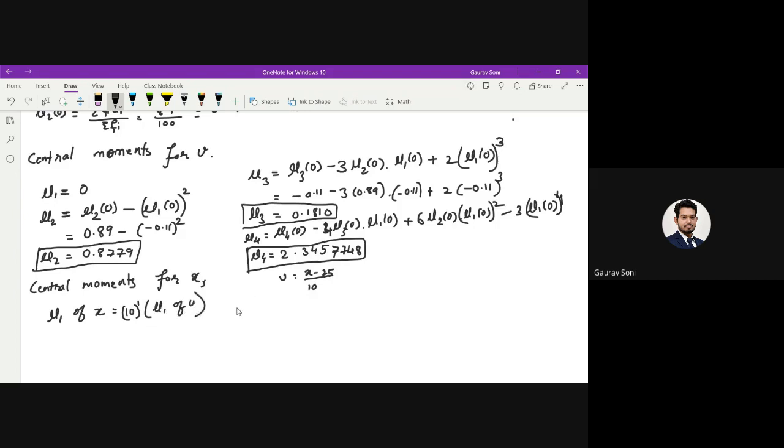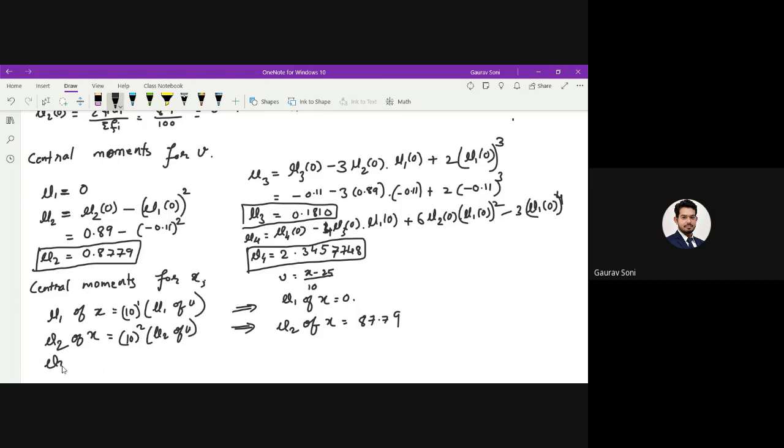Mu1 of u is 0, so mu1 of x is equal to 0. Now what is mu2 of x equal to? 10 square into mu2 of u. So that gives mu2 of x equal to 87.79.